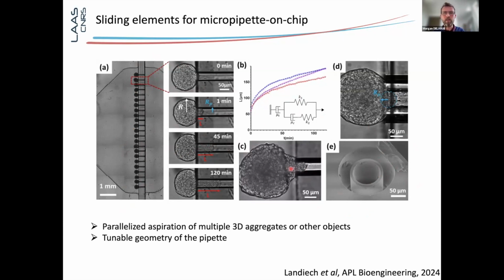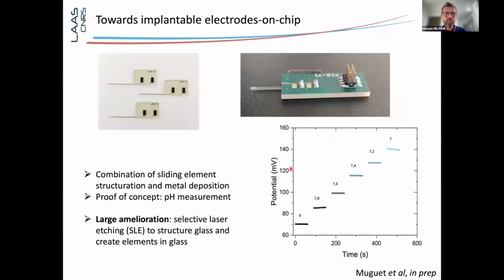Another type of application, which is unpublished, is going towards implantable electrodes on chip. Most of the time when you want to do electrochemistry in a microfluidic device, to measure pH or oxygen, things that are super important in biology to measure metabolic activity, you pattern the cover slip onto which you bond the microfluidic device.